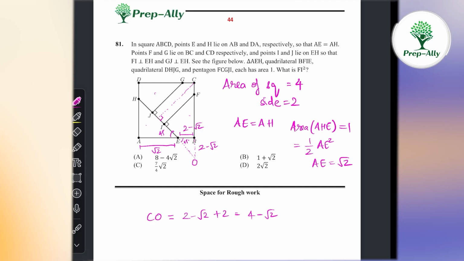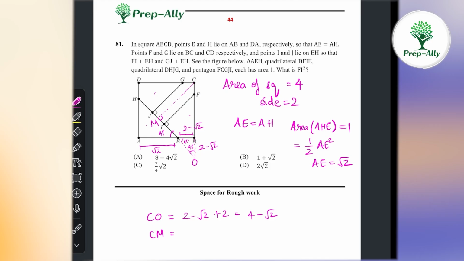And can we also calculate, so let's say this altitude meets EH at M, right? So CM equals, right? Even this angle is 45 degrees, right?